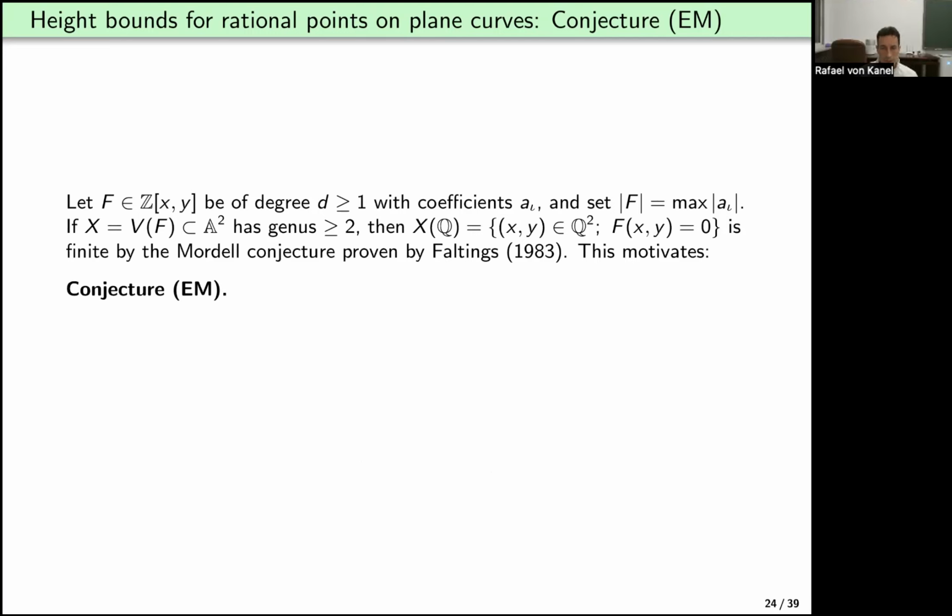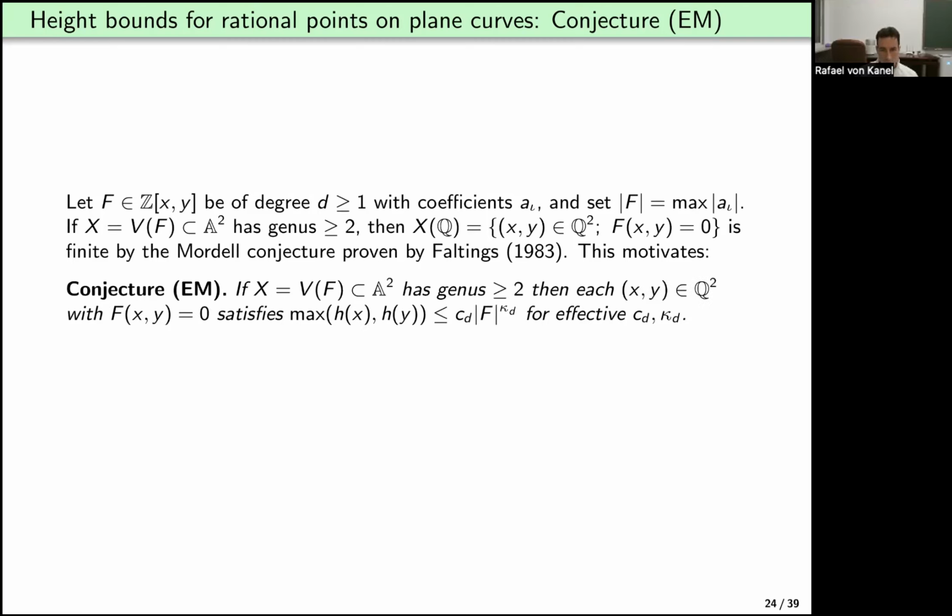Using this finiteness, one can motivate the following conjecture, which says that if X has genus greater or equal than 2, then each solution of this Diophantine equation f(x,y) equals 0 has height bounded explicitly in terms of this function here, where c(d) and kappa(d) are effective constants depending only on d.